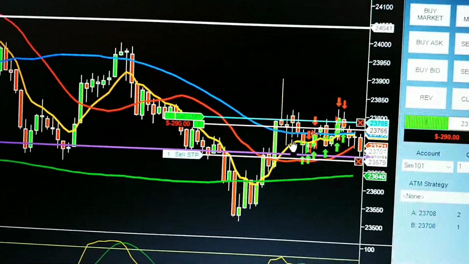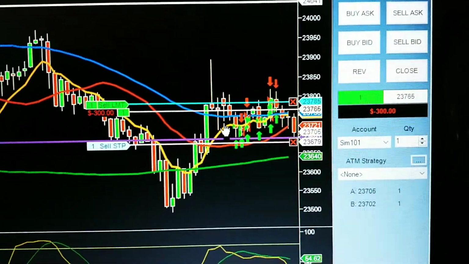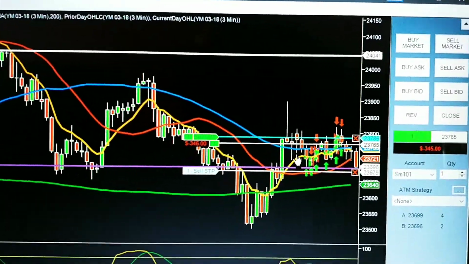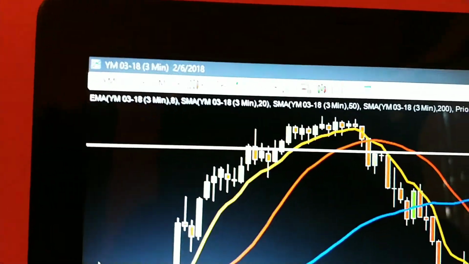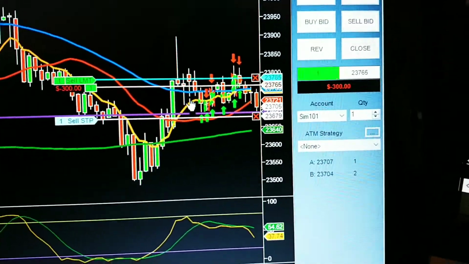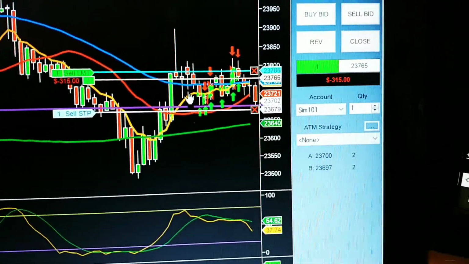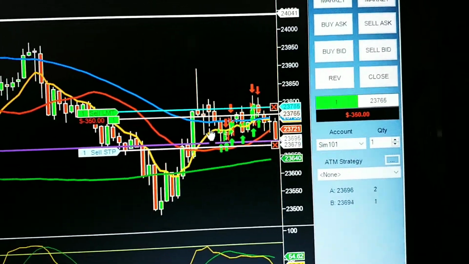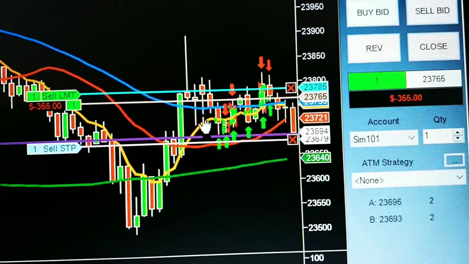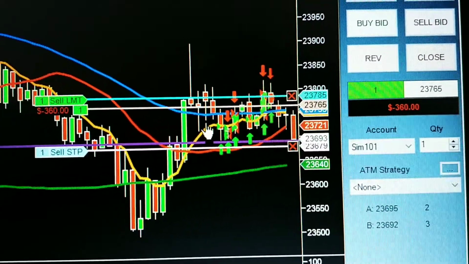Been about 24 minutes now. Not so much in this trade, but you guys have seen this Dow trade that I've been doing for a while. I bought and sold the market, so we made a couple hundred so far. But you can lose all that on one trade, and I can lose that right now.